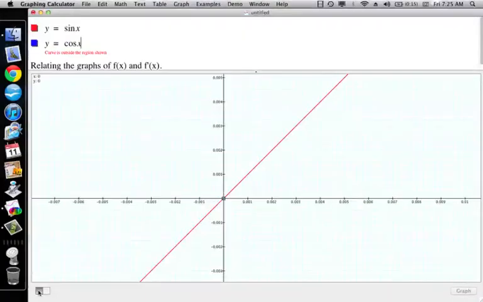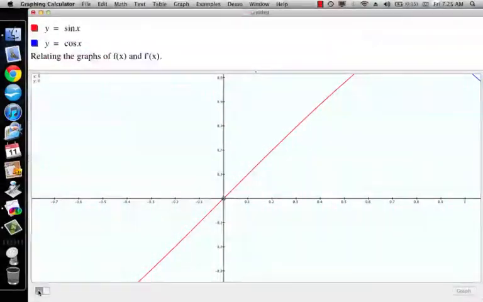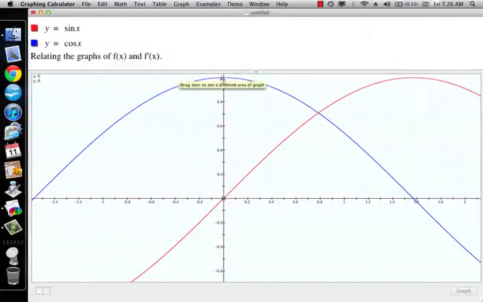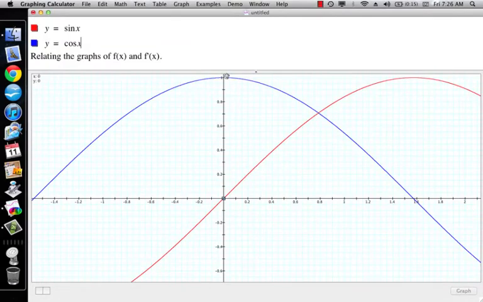So if I pull out, I'll see that the blue line gives me the slope of that function. And so right there, my blue line is saying that at x equals 0, the slope of y equals sine x is 1. Okay? Then if I look right there, the blue line is telling me that the slope of sine x at this point is 0.